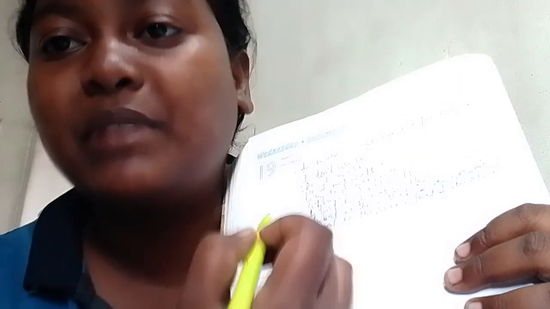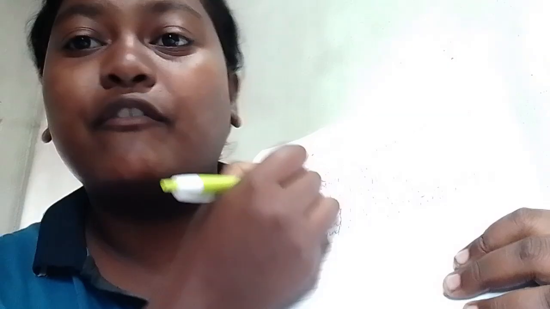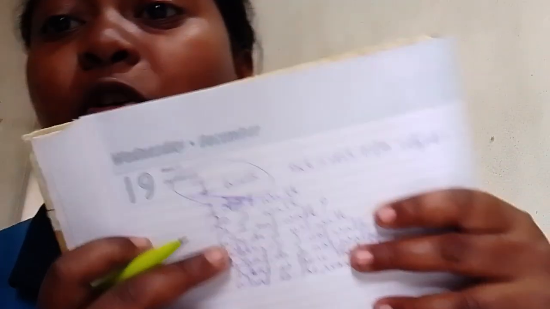In the same way, you have to make sentences in the simple present tense, present continuous tense, present perfect continuous tense, and also the past tense and future tense. And you have to make about 50 sentences of your own for each tense rule.